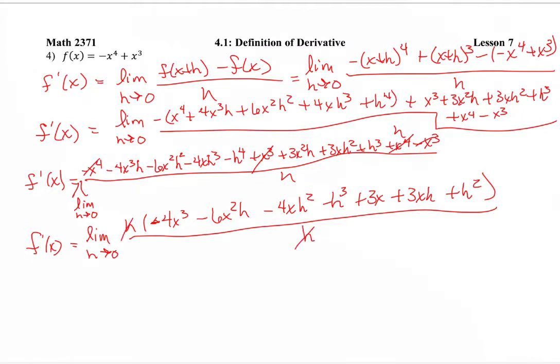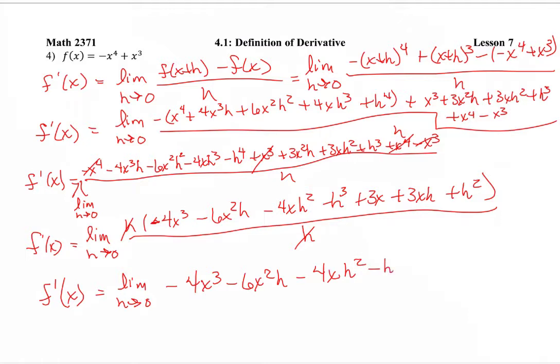My h's will cancel. f prime of x equals the limit as h goes to 0 of minus 4x cubed minus 6x squared h minus 4x h squared minus h cubed plus 3x plus 3xh plus h squared.